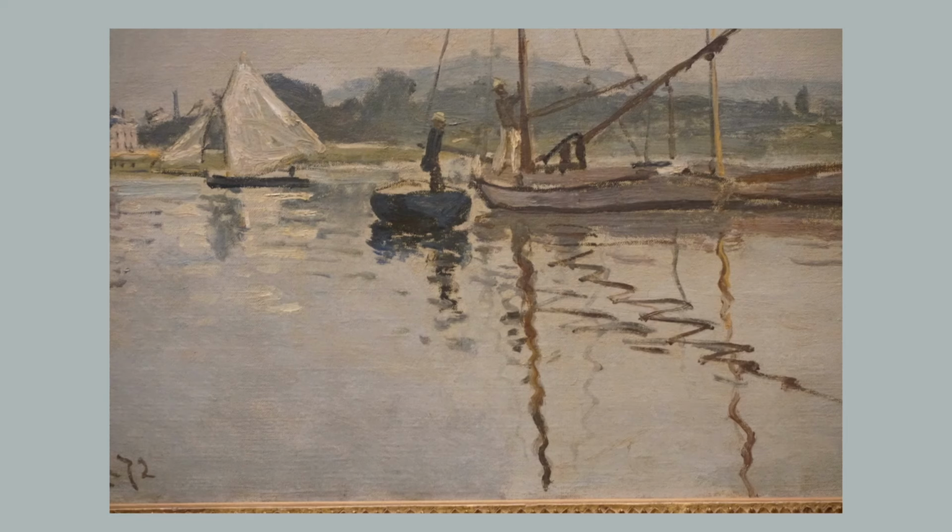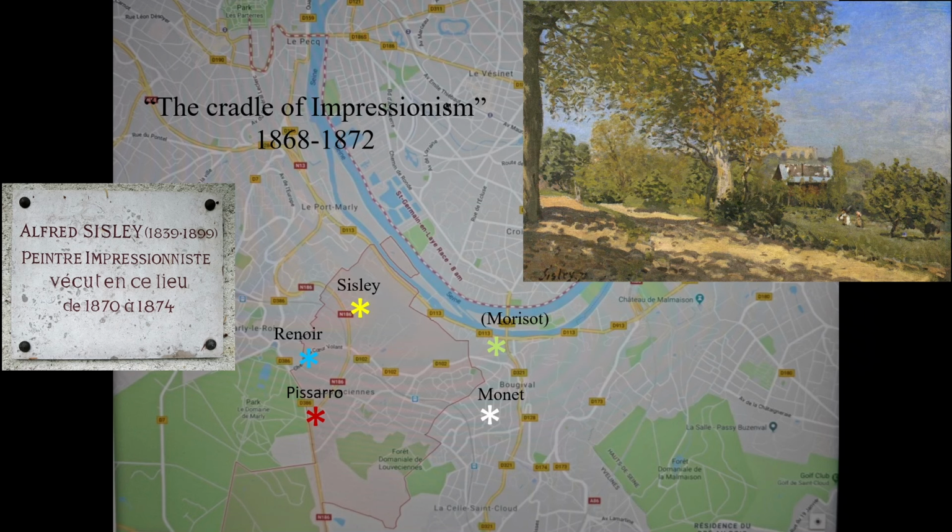It's around this time, 1871, 1872, that Cézanne definitively enters the Impressionist circle. Once the war and its aftermath, the Paris Commune, were over, Pissarro moved back to his house in Louveciennes.